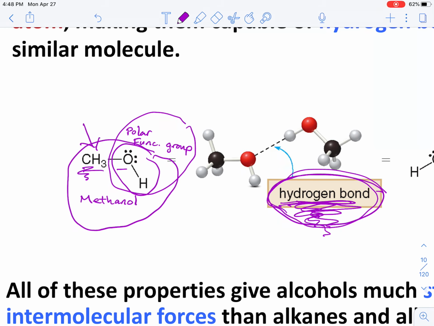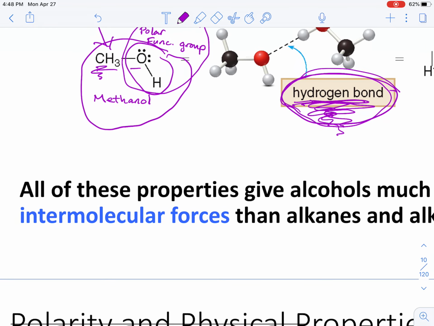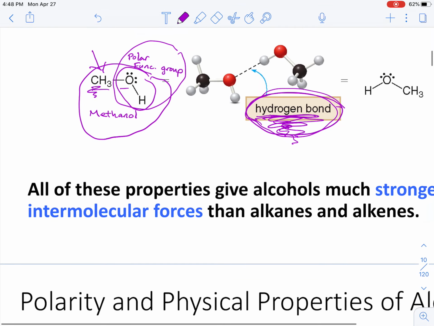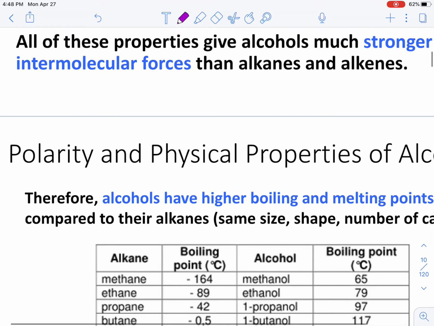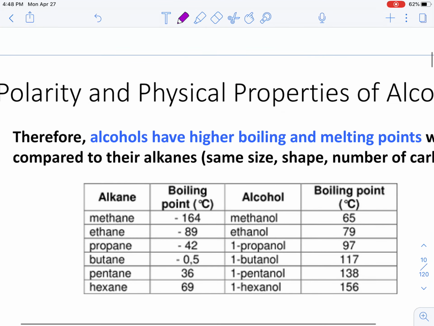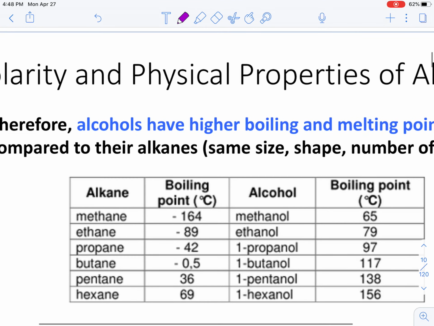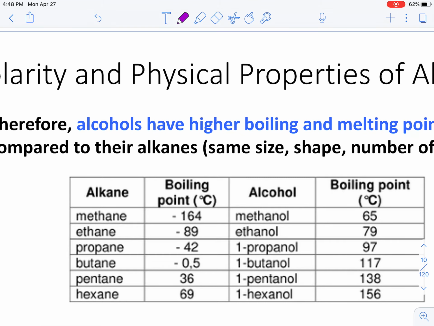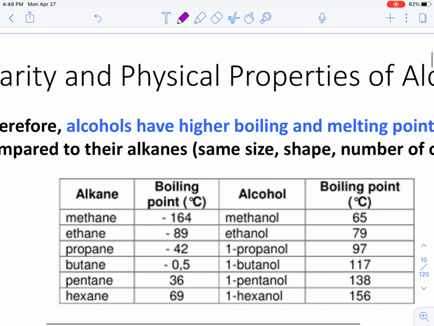They'll also have London dispersion forces and so on, but hydrogen bonding is the dominant intermolecular force. And so, in terms of physical properties such as melting point and boiling point, it's expected for these alcohols to have a higher boiling point or melting point compared to the alkane version of itself.